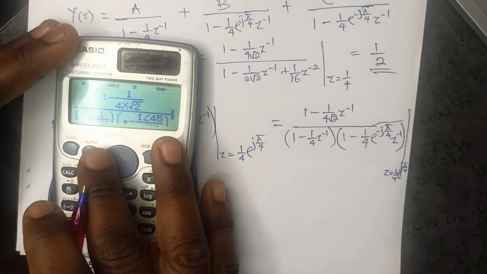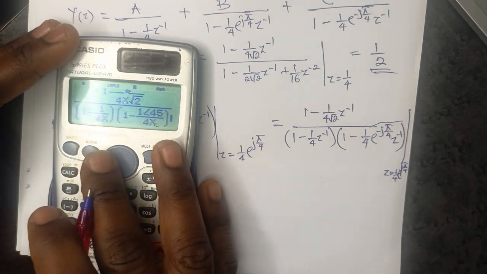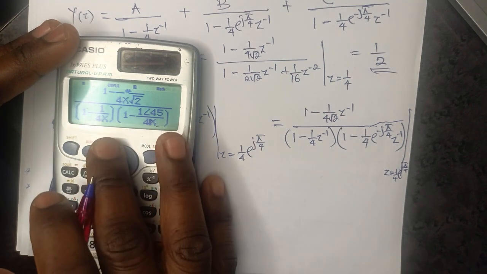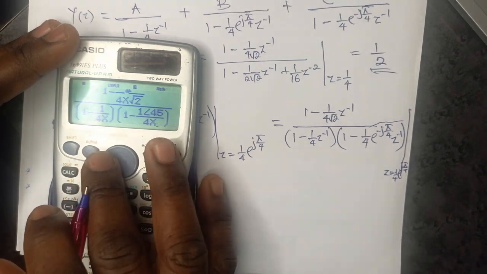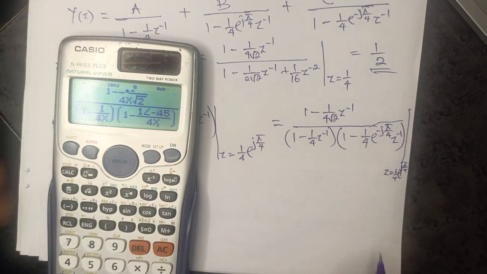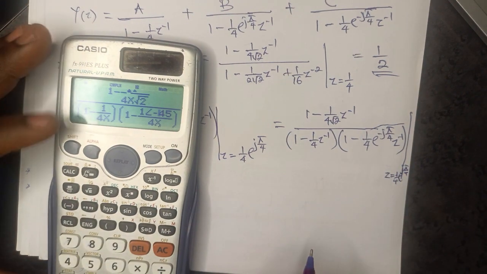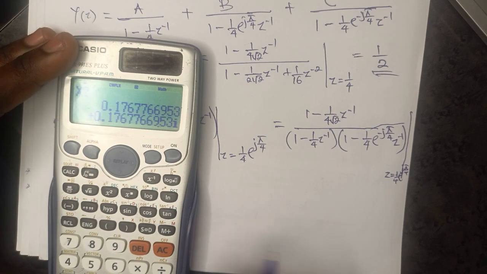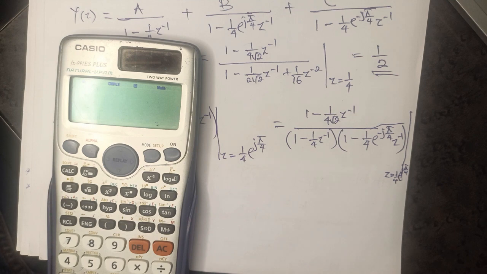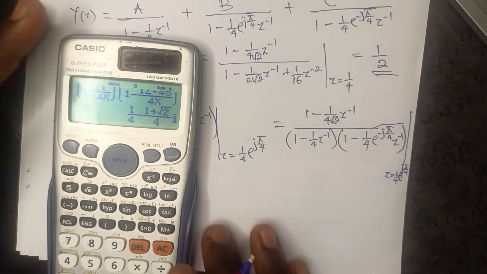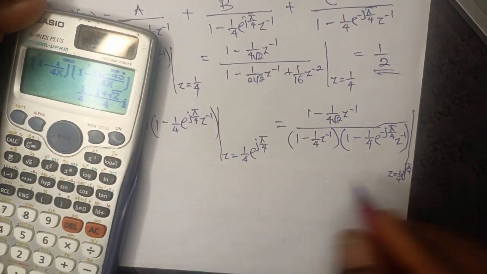Where is the error? Okay, it's supposed to be minus 45, not plus 45. That's why we're having the error. So we click on calc again. We have already put this value here, just click equal to. So this is what we get at this point.